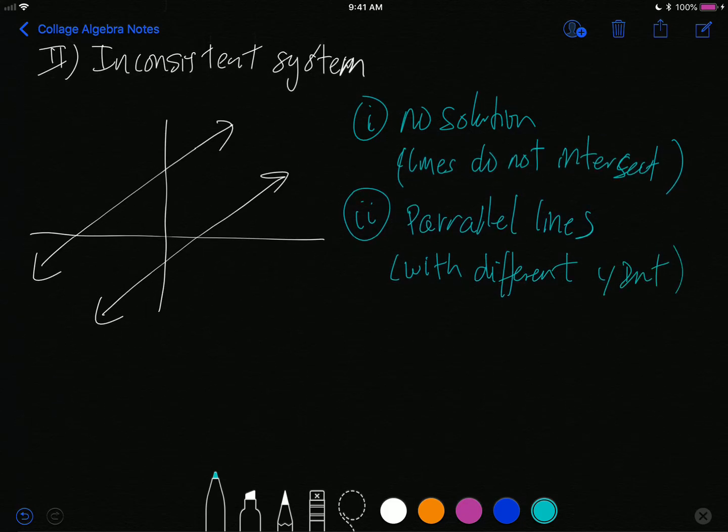Once you have that happening, you have an inconsistent solution. The last thing about your inconsistent solutions is that the slopes will be the same. Parallel lines have the same slope. When you have that happening, you have an inconsistent system. No answers, no answers.